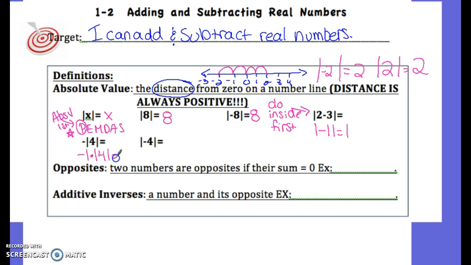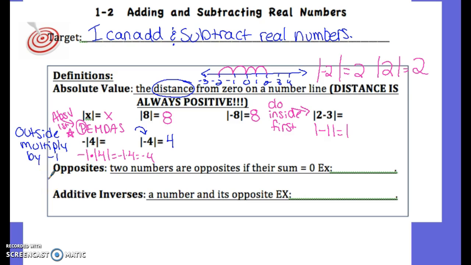So I would do my absolute value of 4 and get -1 times 4, which is -4, which is different from this one because the negative is on the inside. So be careful when it's on the outside or the inside. This one is just the absolute value of -4 is 4. When it's on the outside, really you're multiplying by your -1. On the inside, you just take the absolute value.